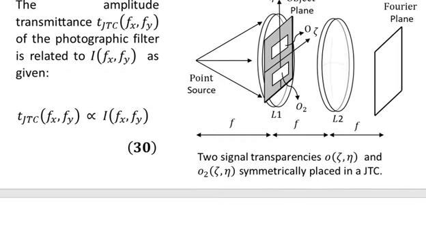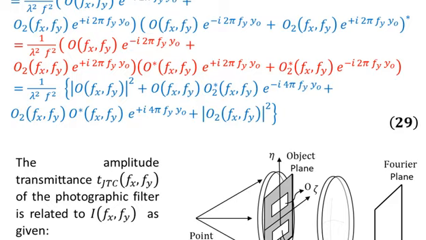So the transmittance of our filter which we have developed and fixed becomes the joint transform correlator filter, and this is the transmittance of that one, which is proportional to the intensity that we have shown over here in equation number 29.